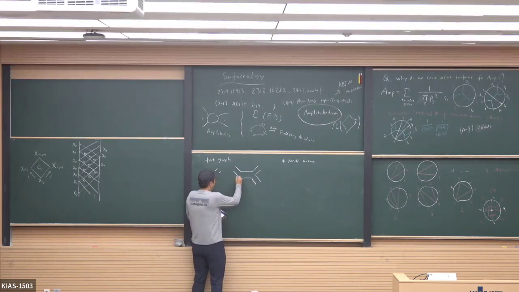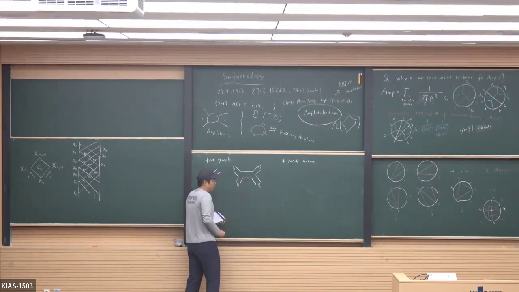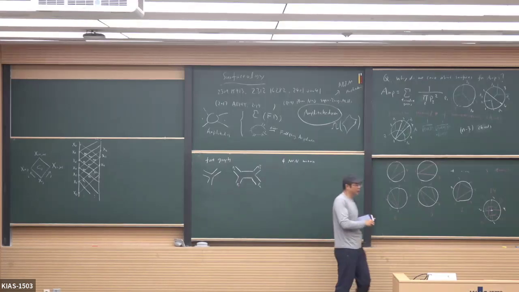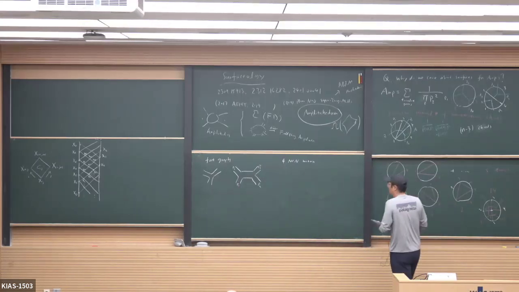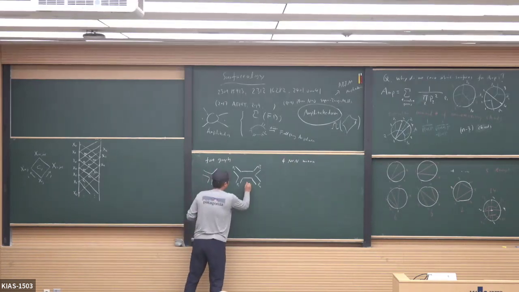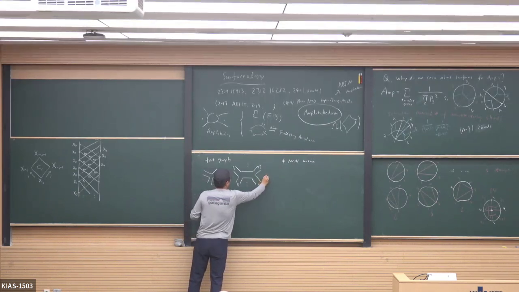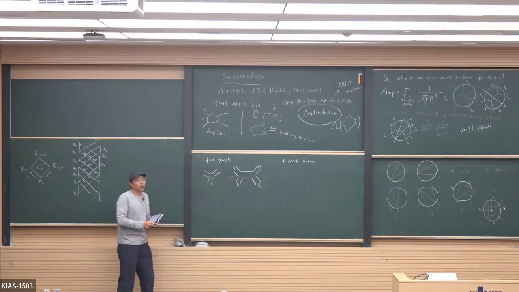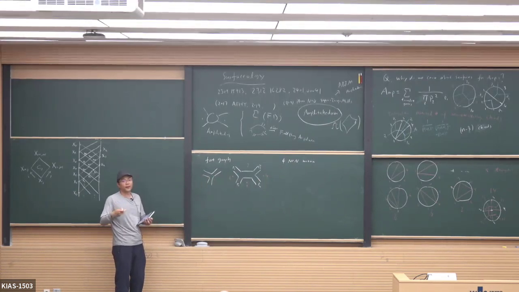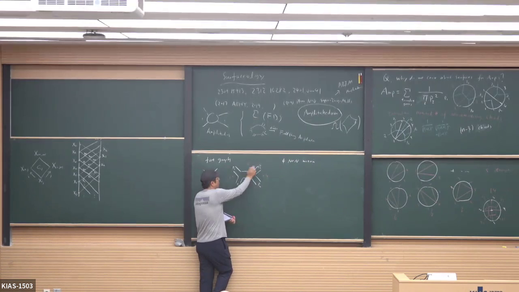So this is my momentum particle P1, P2, P3, P4. But really, what are the marked points? So the marked points are here. This is my marked point 1, 2, 3, and 4. So you see, drawing a fat graph makes it much cleaner that this is a disk with 4 marked points.